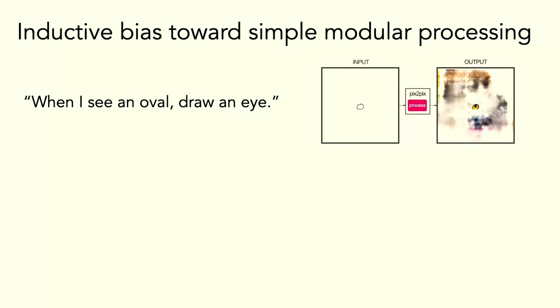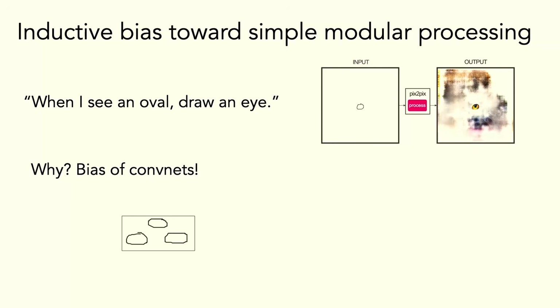So this network was a convnet. We've seen that. What do convnets do? They take an input, they chop it up into patches, okay, and then they independently and identically process every patch. So they're factorizing the problem into a lot of independent decisions.